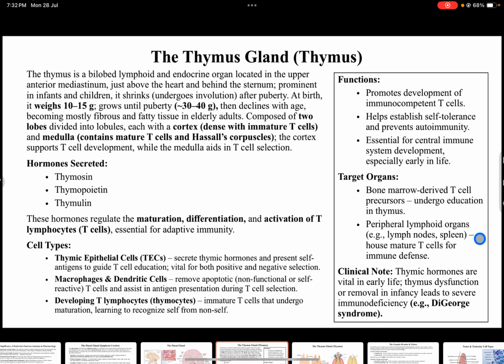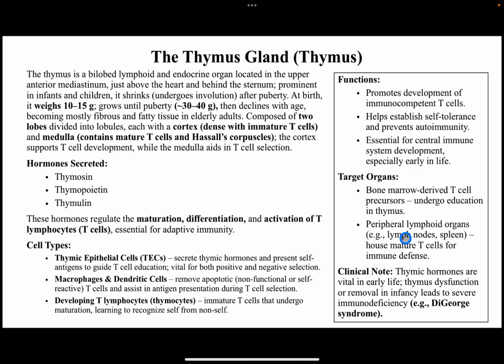Okay, good. And by targeting these organs, they contribute to housing mature T cells for immune defense. Okay, so basically these are the organs that the hormones of the thymus gland target.